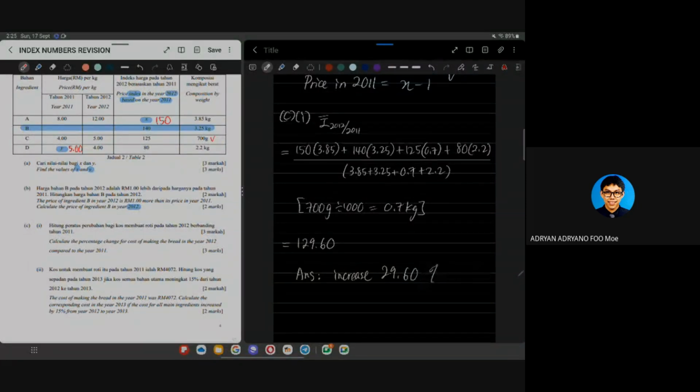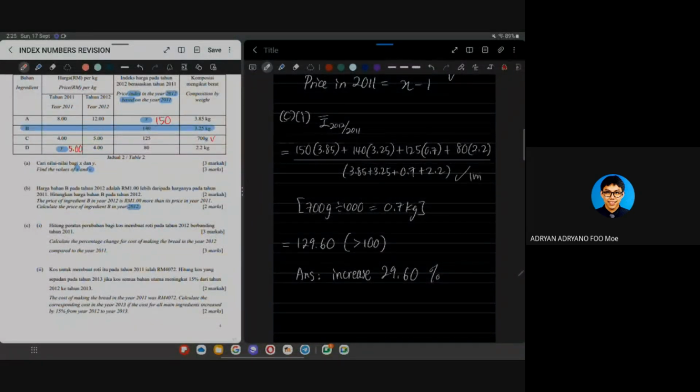This is my final answer, what the question wants. Even though they only say percentage change, it is okay if you write increase because we know that it is larger than 100. So it's increased 29.60%. Okay, then how do you get marks here?